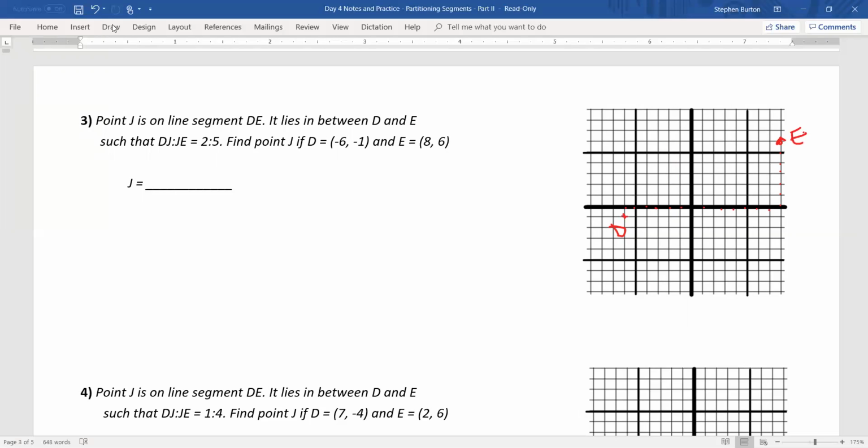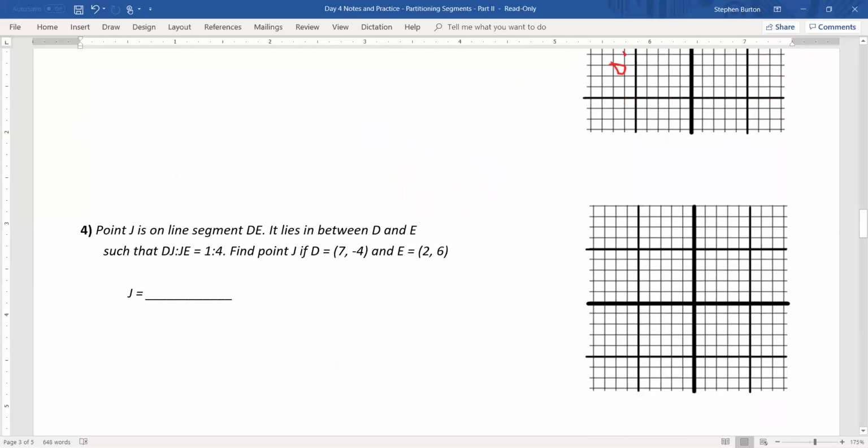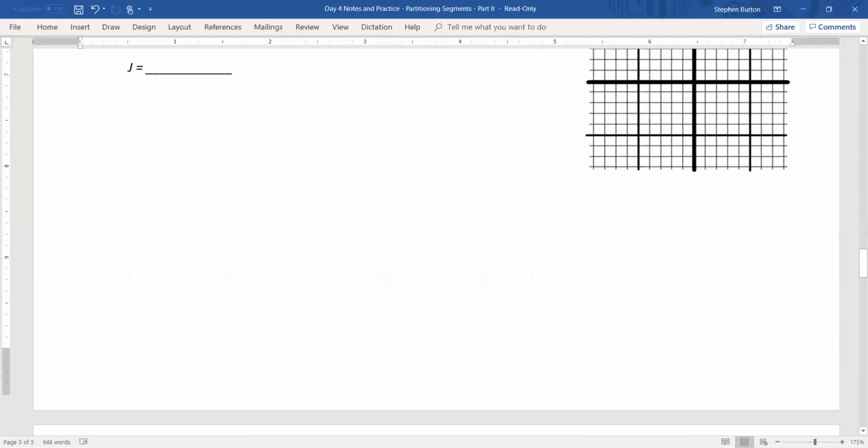Right here, that puts it at point E. And from there, we just draw a nice straight line, which is not that one. Let me try to do that a little bit better. This is not the easiest thing to do.